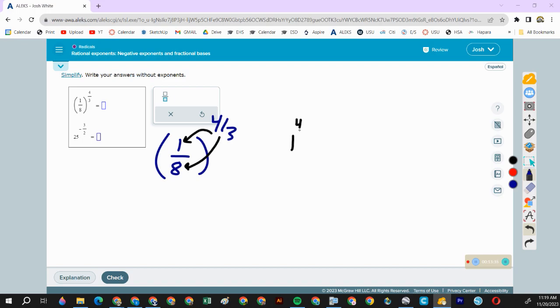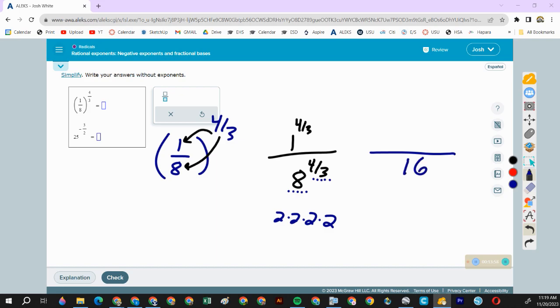So 1 to the 4/3 divided by 8 to the 4/3. Let's do the bottom first. Can 8 be split into 3 equal multiplications? Yes, 2. So 8 is 2 times 2 times 2. How many of those 2's will be in my answer? 4 of them. So if we add another 2, I get 16.